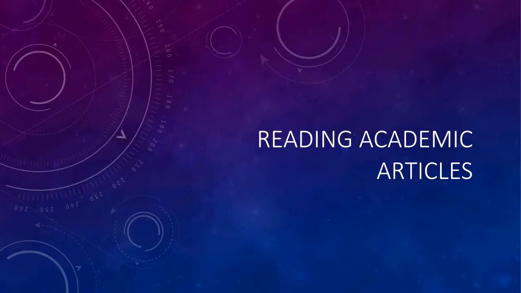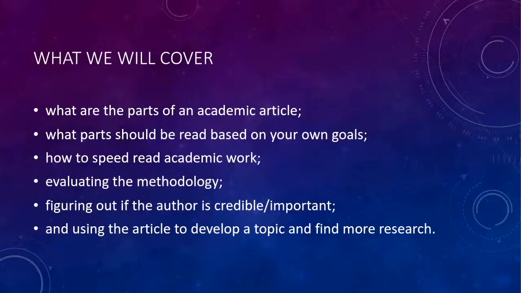So what are we going to talk about today? We're going to talk about several things. First, a review of the parts of the academic article. Then we're going to look at those parts and talk about what you would need to read based on your own goals. What is the goal that you have when you're sitting down to read an article? And then what do you need to do differently?